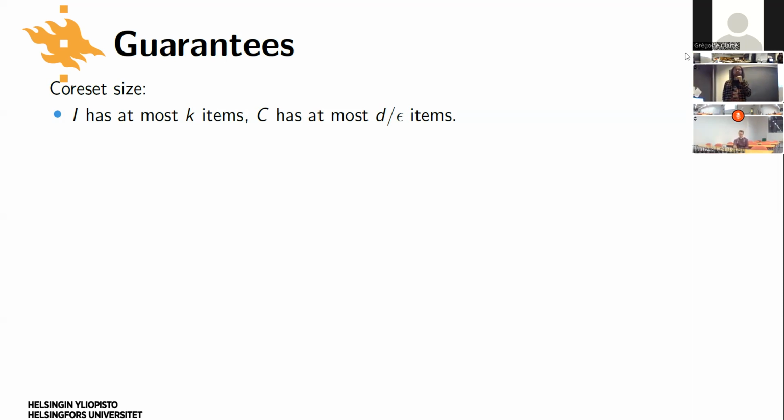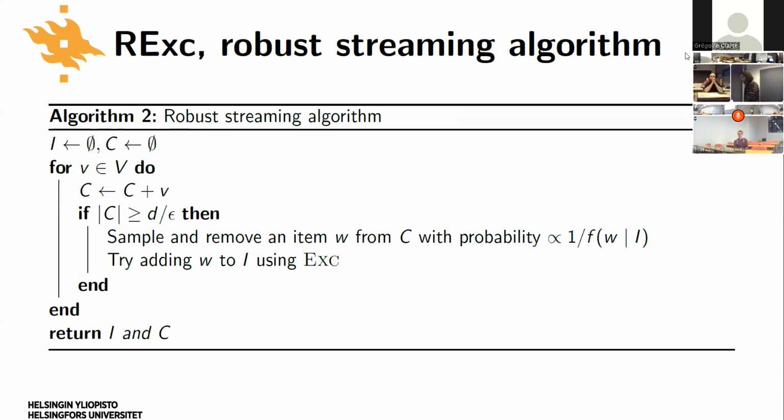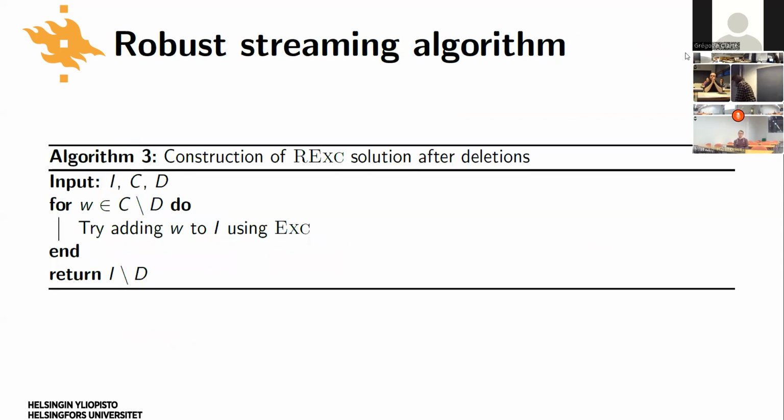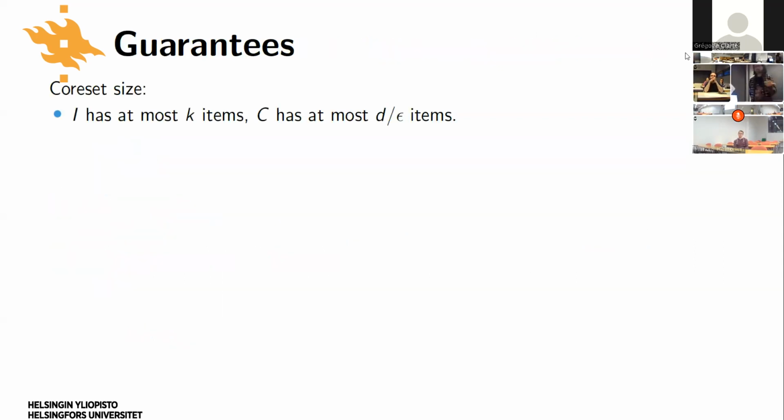All the maximal sets in a matroid will have the same size. So that's just that number. And then C, just by the definition of how this algorithm works, will have at most D divided by epsilon items. So that's the coreset size.